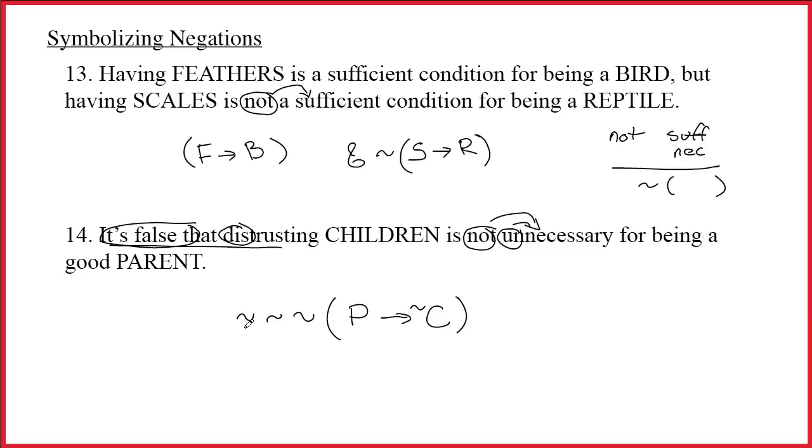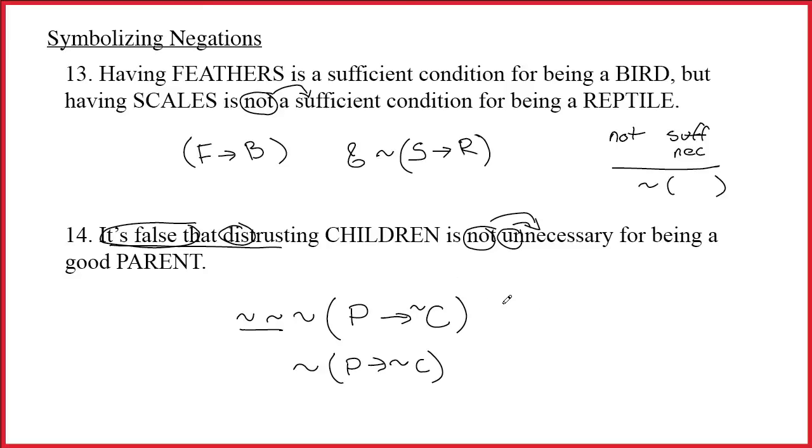You might read this as, it's false that, it's false that, it's false that distrusting children is necessary for being a parent. If this is correct, we could also just symbolize it as tilde P arrow tilde C, because you can always add or drop pairs of tildes.